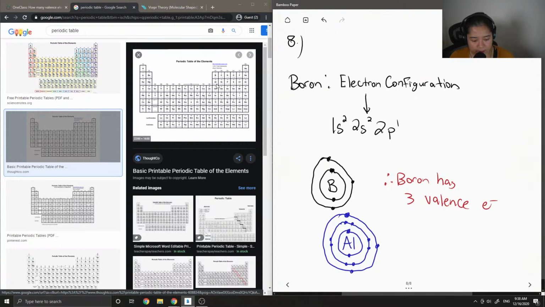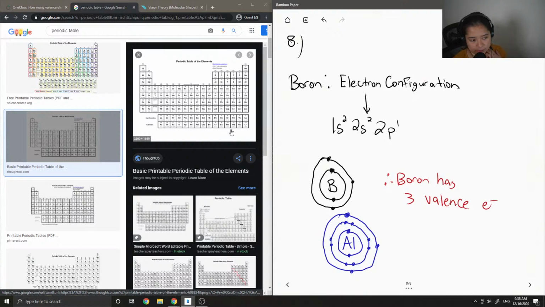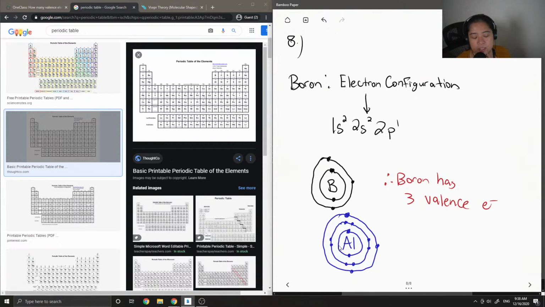So again, it has 3 electrons. So the only difference between boron and aluminum is that aluminum has 8 more electrons, and its atomic radius is therefore bigger than boron's because it has more electrons.